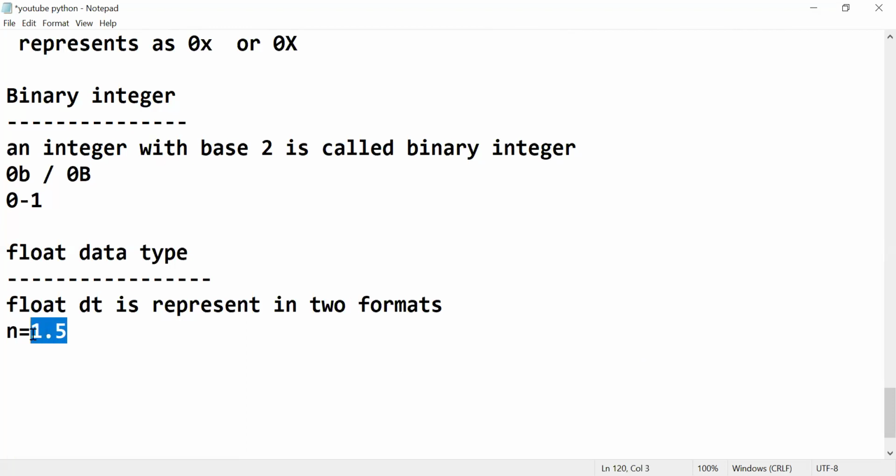This 1.5 is a fractional value. This value we call a float value. The type of n here is float.